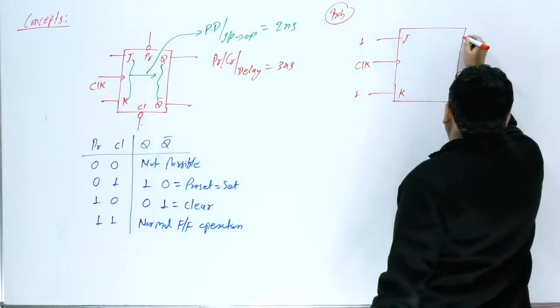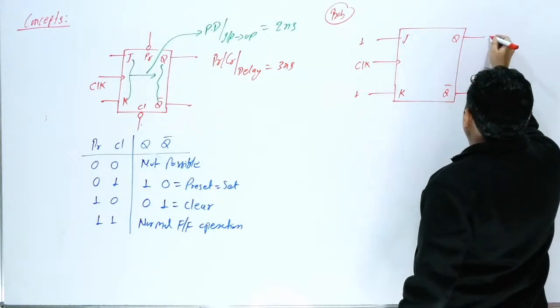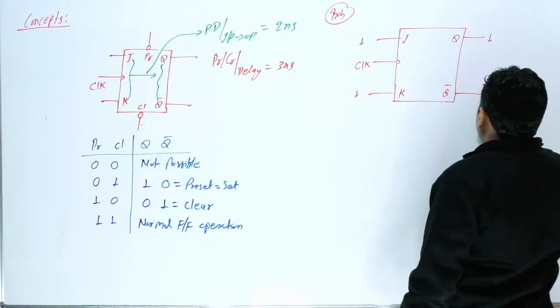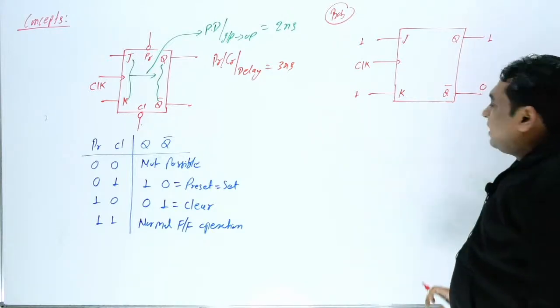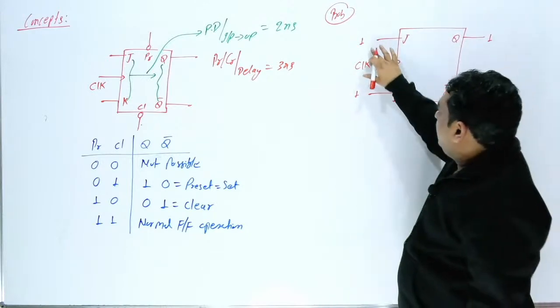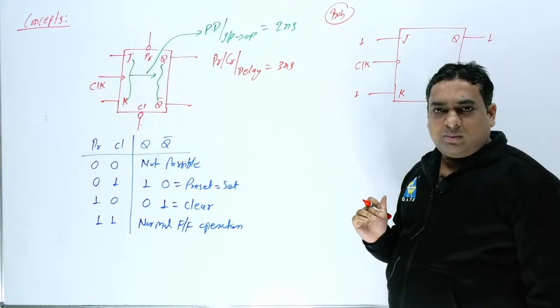Now, this is Q and this is Q bar. The initial state of Q was 1 and Q bar was 0. And now you are applying 1 1 and providing a clock.